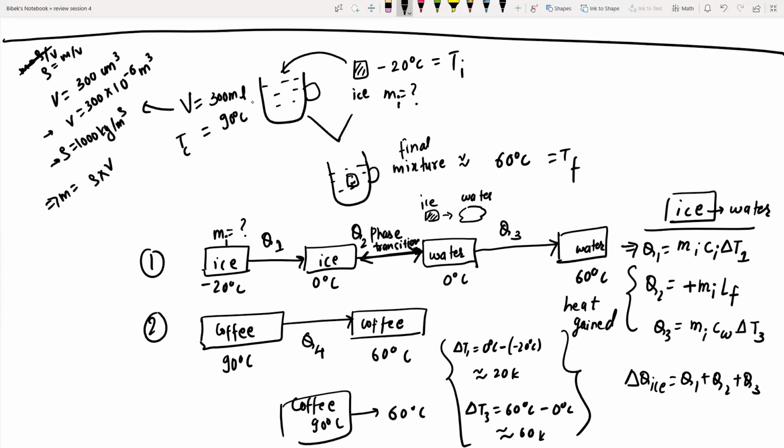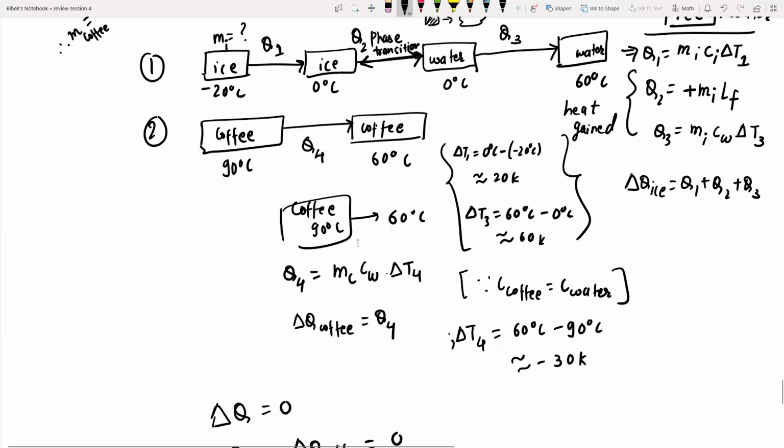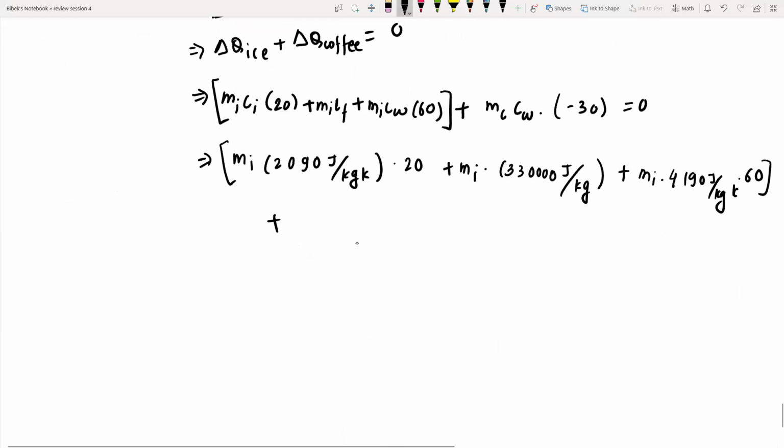So if we do it, you'll have 300 times 10 to the negative 6 times the density. This will be your mass of coffee. So your mass of the coffee is 300 times 10 to the negative 3 kilograms.